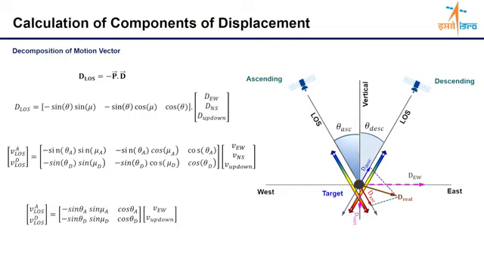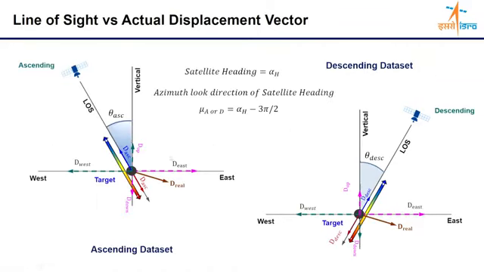We are not able to calculate the three-dimensional deformation vector, but there may be certain simplifications in this analysis. I am going back to one slide. Here you can see, suppose you are calculating only from the ascending pass data set. You have the line of sight vector towards the satellite or away from the satellite, only one you will get.